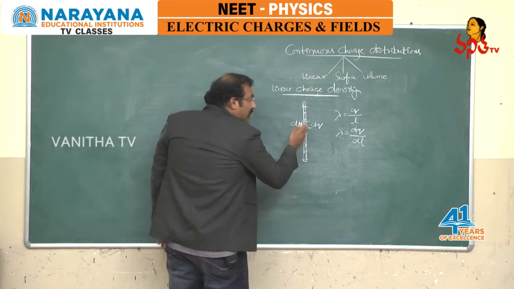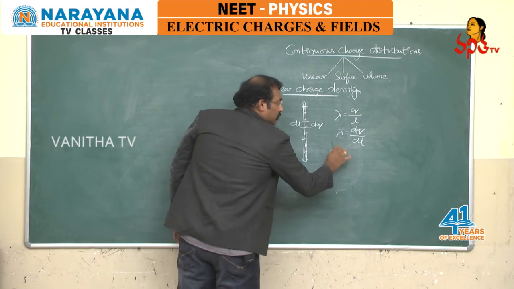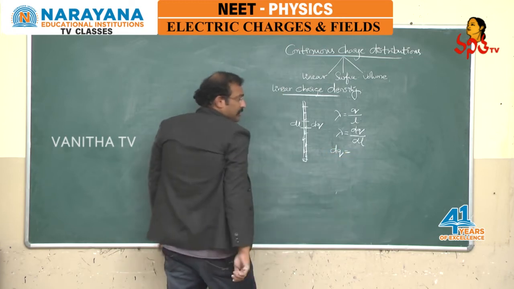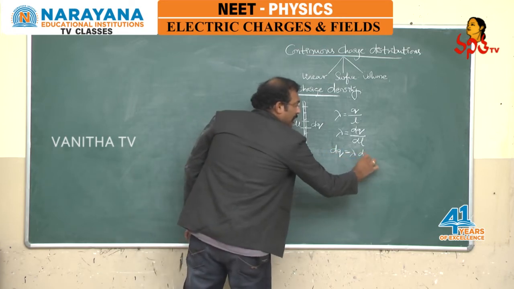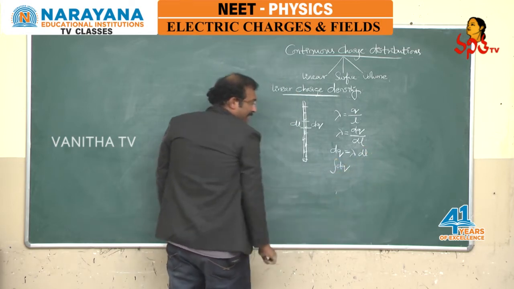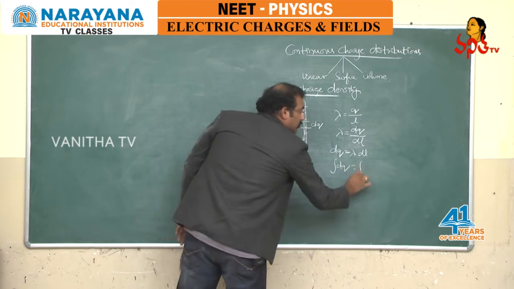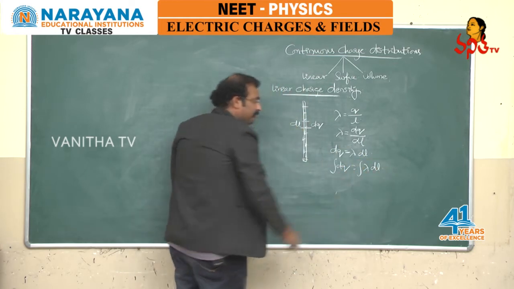What is the total charge present upon this wire? The total charge can be calculated from dq equal to lambda into dl. Integrating on both sides, the integral of dq is equal to the integral of lambda into dl.